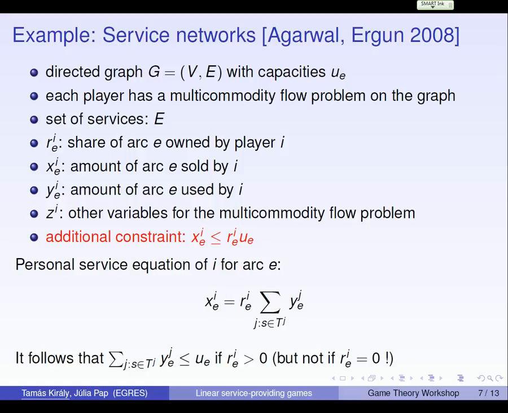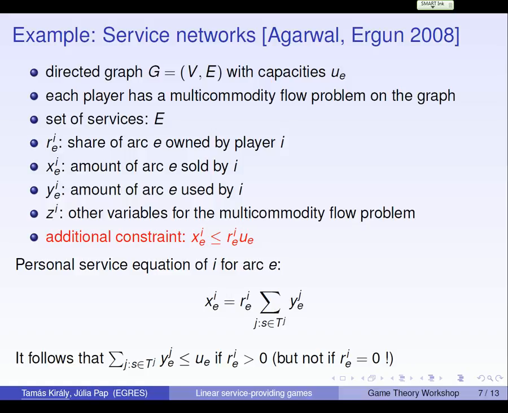Note that this does not hold for player I if he is not a service provider on that edge. So if an edge does not belong to player I, then a solution can be feasible for player I even if the capacity is not satisfied on that arc.